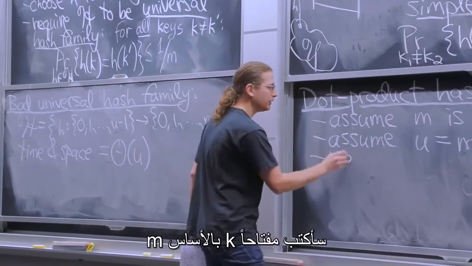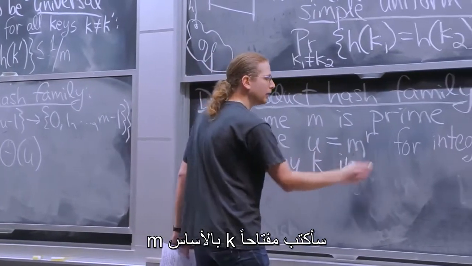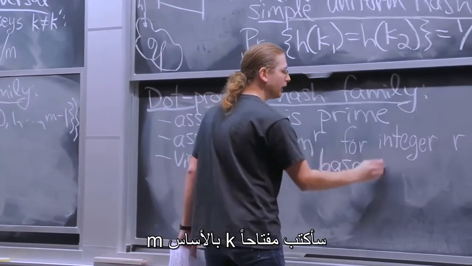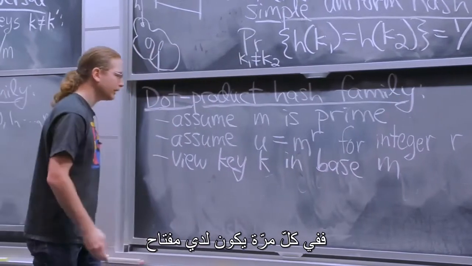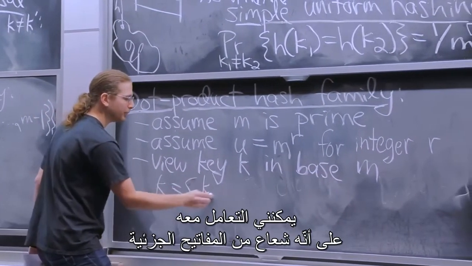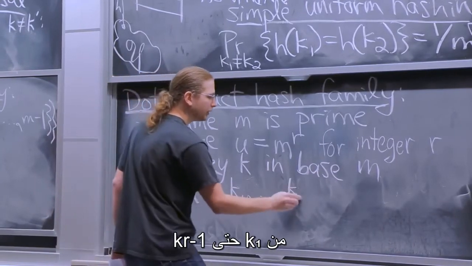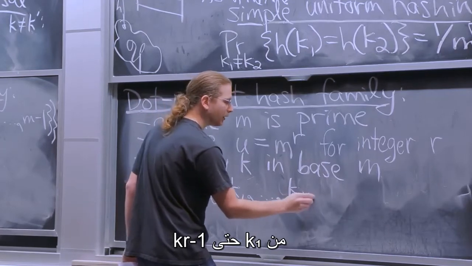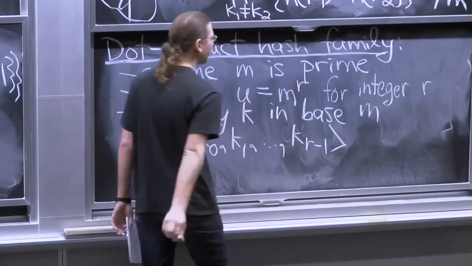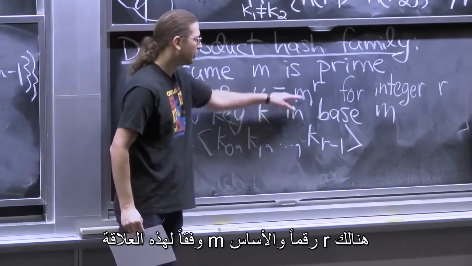I'm going to view a key k in base m. Whenever I have a key, I can think of it as a vector of subkeys, k_0 up to k_{r-1}. They are digits in base m because of this relation.